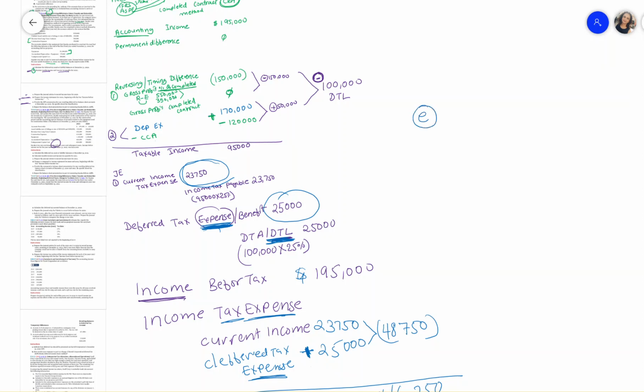The answer to the E part is you have a liability, so it's going to be sitting on the balance sheet under the liability side. So we have liability as your heading, and then under that liability you're going to put deferred tax liability, which is going to be your 25,000. So that's how much is going to be shown in your balance sheet. That's what the question is asking us to calculate.